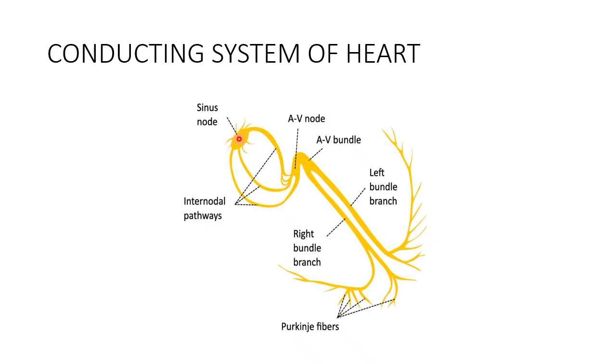First, the impulse will be conducted from sinoatrial node to the atrium muscle, then to the internodal pathways, then to the AV node, then to the bundle of His, then to the right bundle and left bundle, then to the Purkinje fibers. So the impulse conduction is faster in the Purkinje fibers.